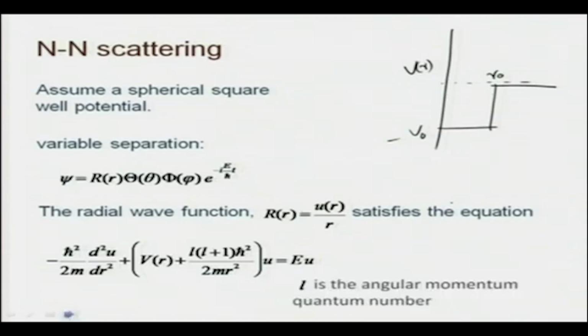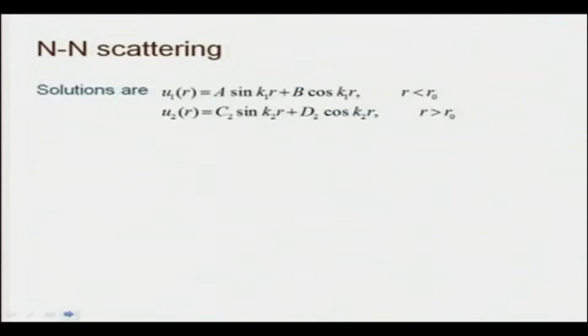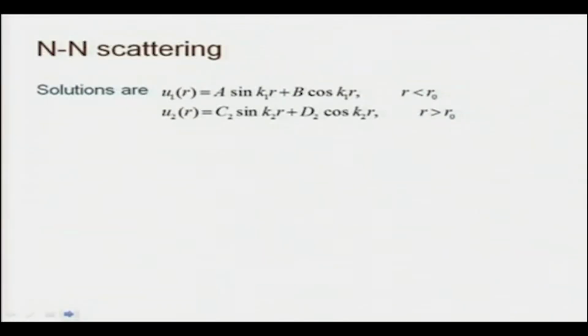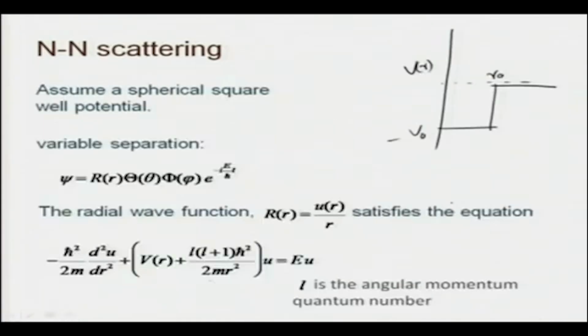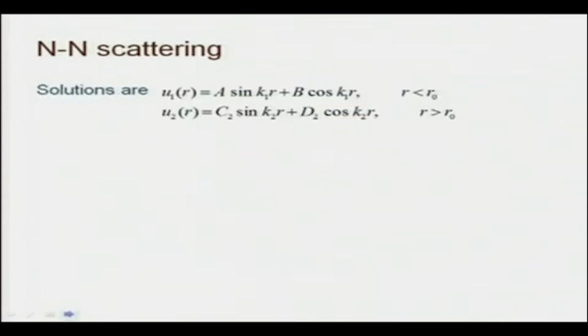Here L is the angular momentum quantum number, and let us say we want to concentrate on a particular L value. So, we will stick to the L equal to 0 case, and we will look at the solutions. Looking at the Schrodinger equation, we have V non-zero up to r equal to r 0.